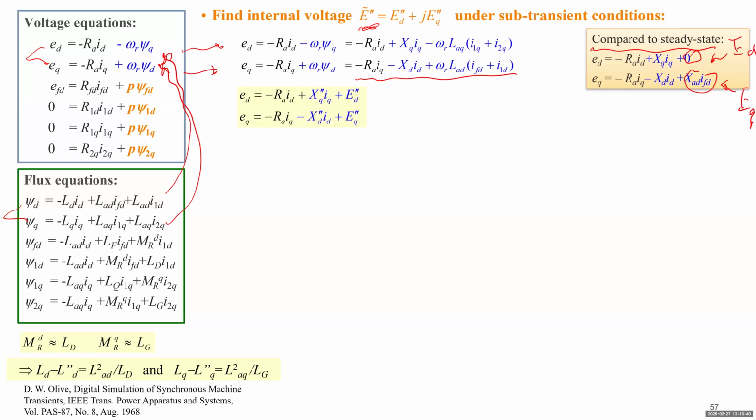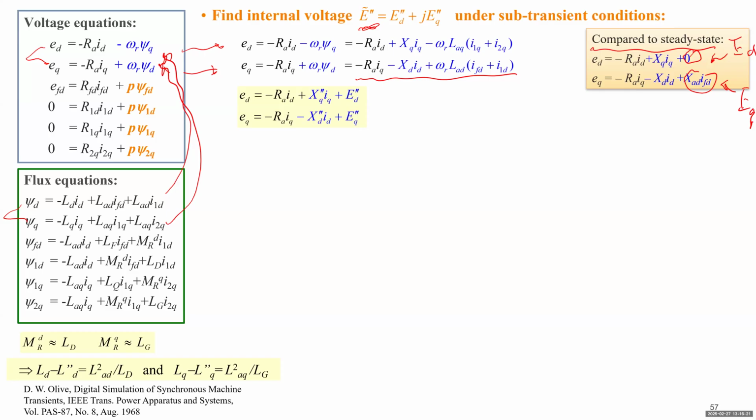And for the blue part, we learn the structure from the steady state equation. Because we already defined the reactances in the Q and D axes associated with the sub-transient dynamics, we just assume we learn from those two items and create those two items. So exactly the same, we only add double prime here. And then we put this ED double prime, EQ double prime.